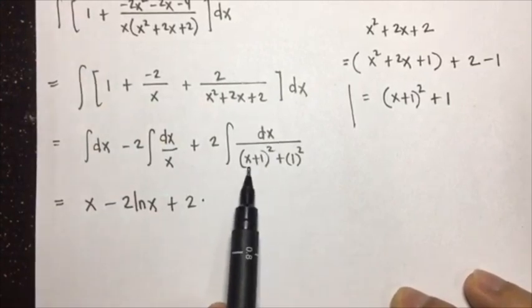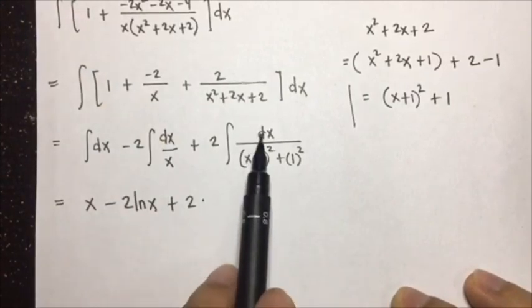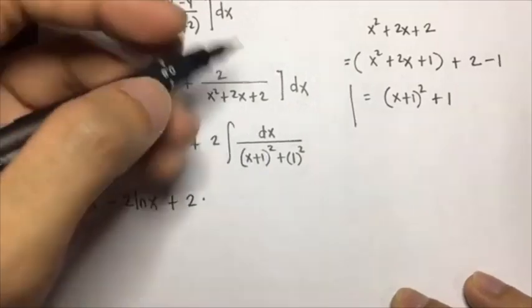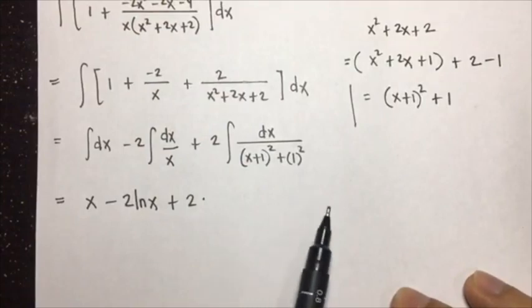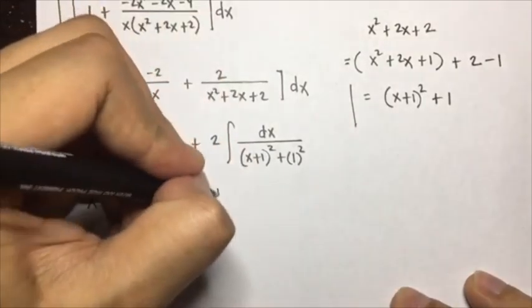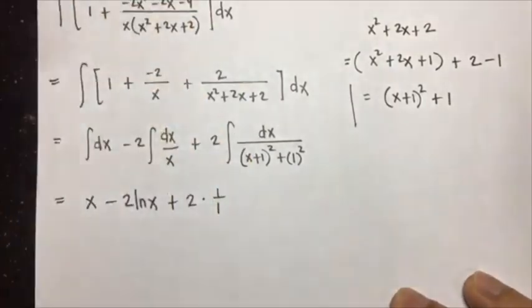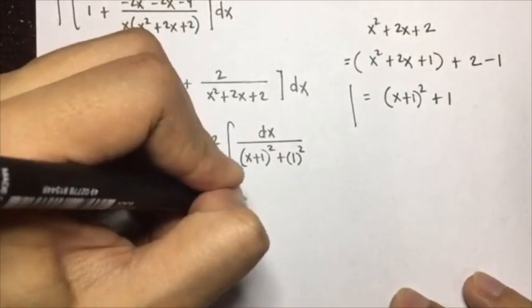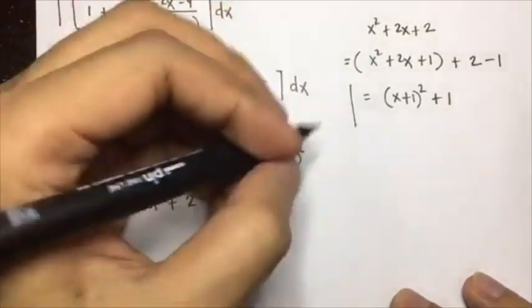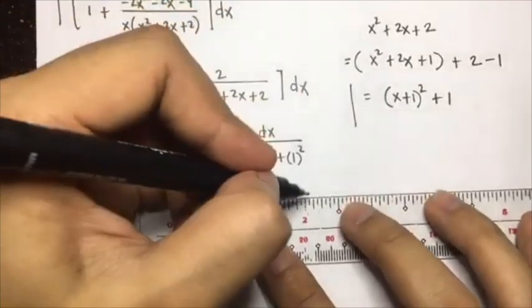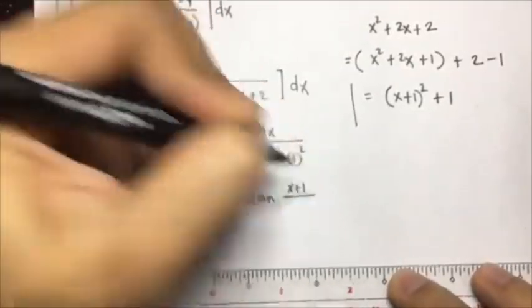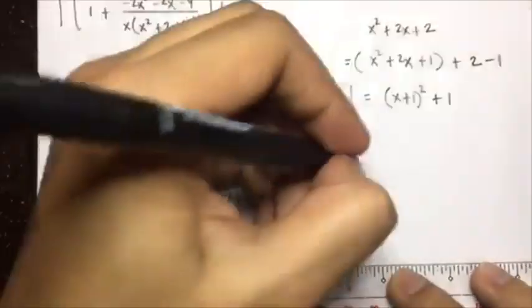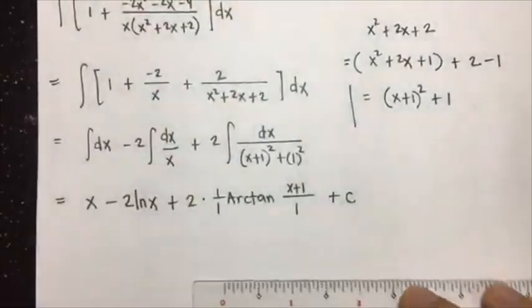Here u is x plus 1, and du is a complete differential of u, so the integral is 1 over a arctan of u over a plus c. We have 1 over 1 arctan of x plus 1 over 1 plus c.